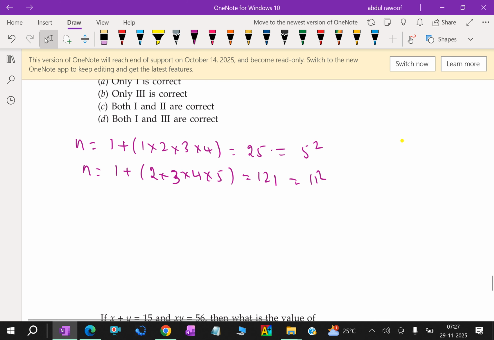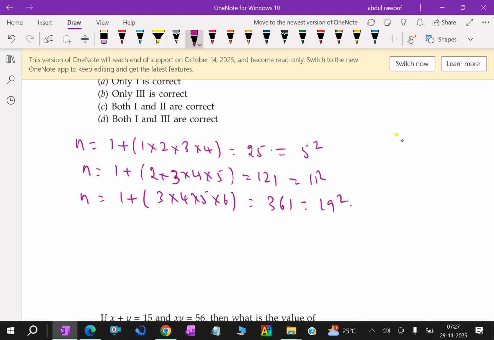One more set will start, n equal to 1 plus 3, 4, 5, 6, which is 361, which is equal to 19 square.